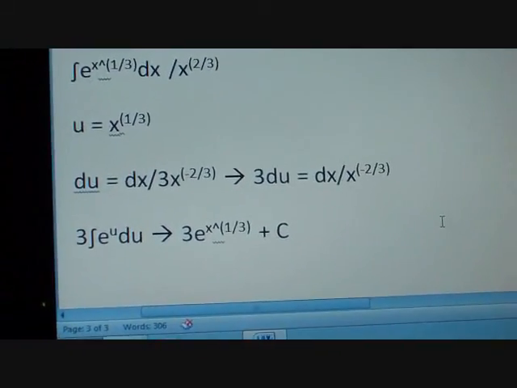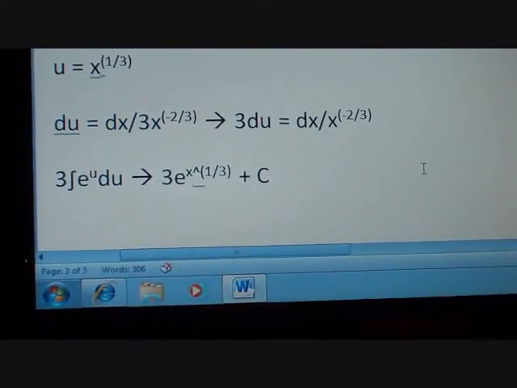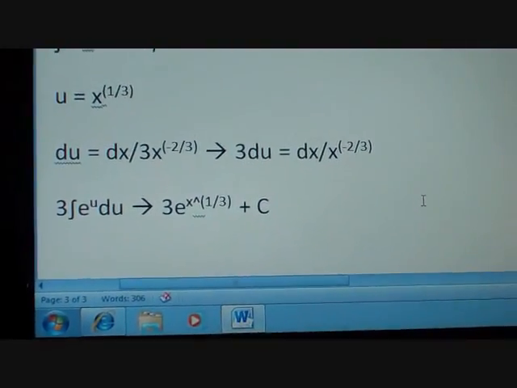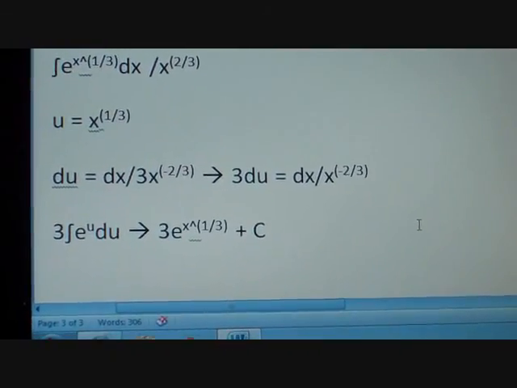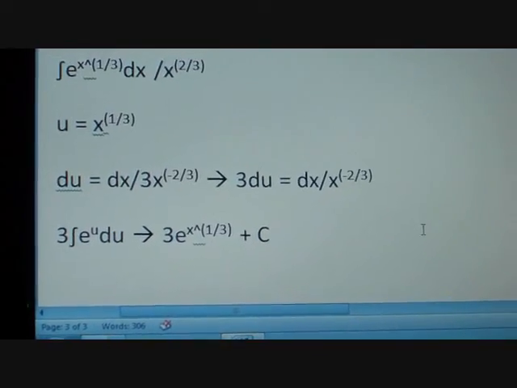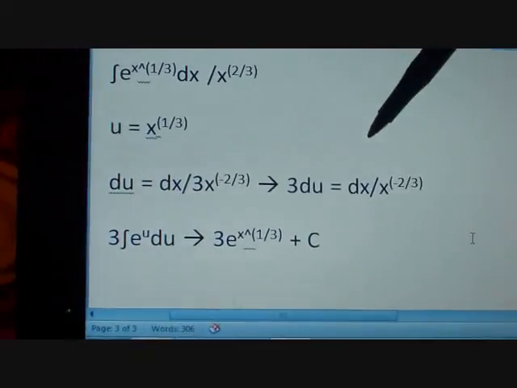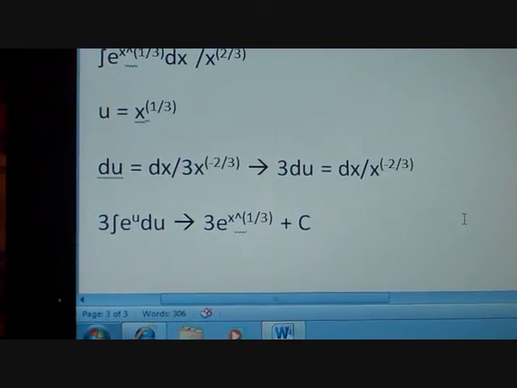So furthermore, our derivative becomes dx over 3 the cube root of x squared, which then turns into 3 du equals dx over the cube root of x squared.